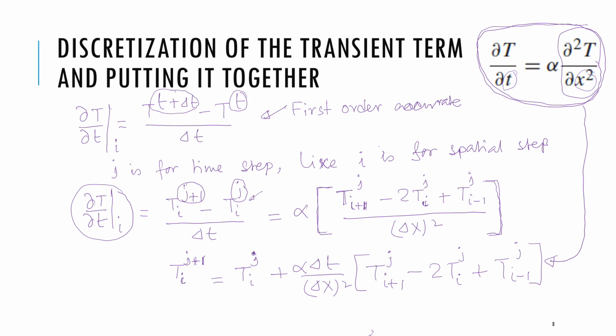So if I know the things at time step j, we can find things at j+1. We're going to see that we can use it recursively.